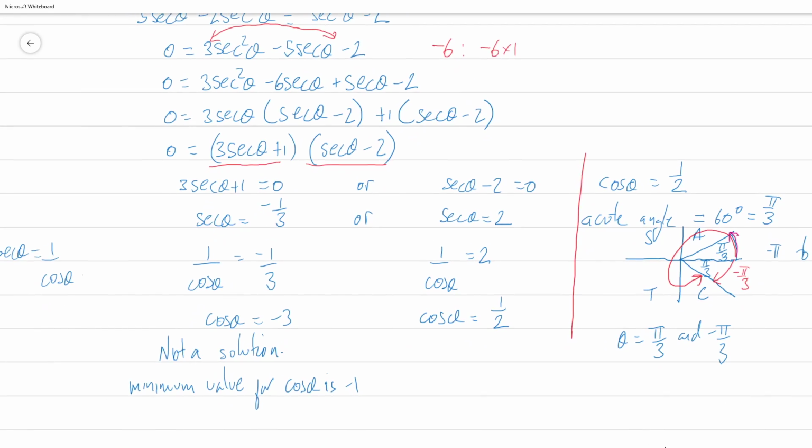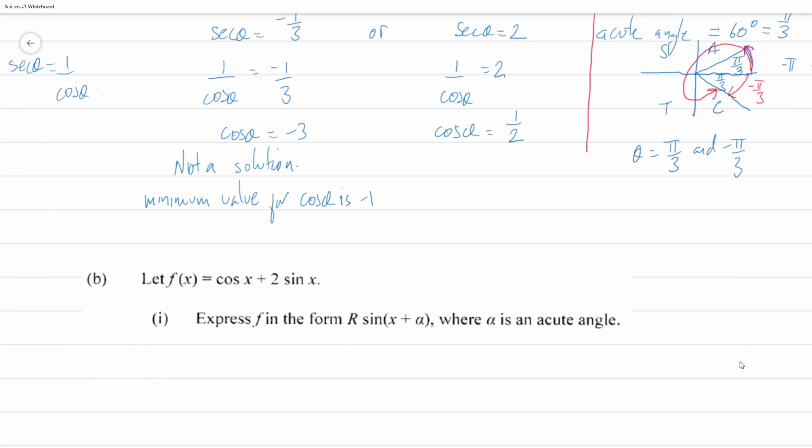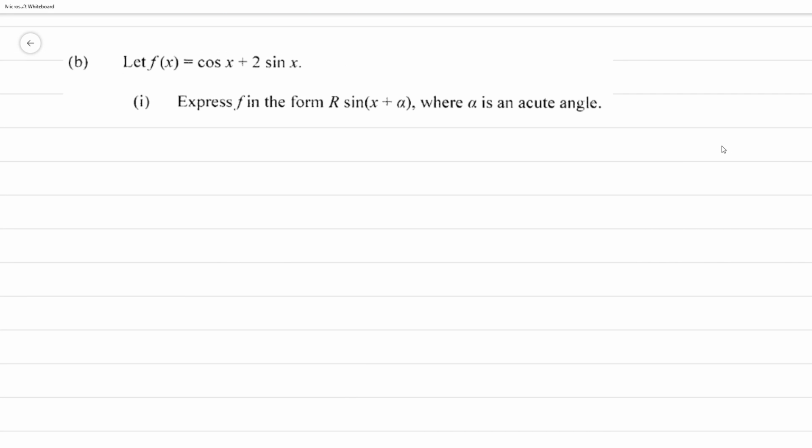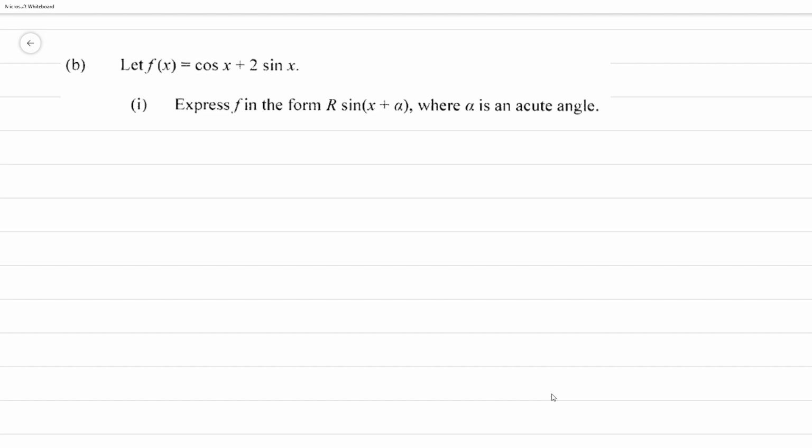Okay, so let's move on to part B. I believe part A was 7 marks, which isn't too bad. So part B, we have a function f of x, and we are asked to convert this function into the form r sine x plus alpha, where alpha is an acute angle.